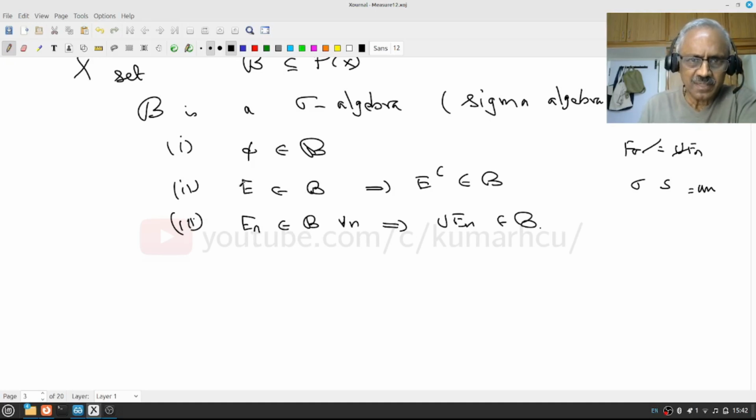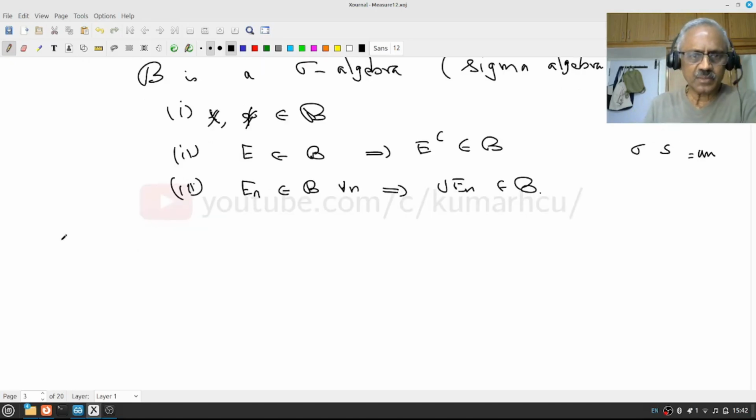Notice that 1 and 2 imply X must also be there, so if you want, I can put that condition in 1 and simply say X belongs to B. That's the standard thing. Whenever E belongs to B, its complement also belongs to B, and whenever E_n belongs to B for all n, then the union belongs to B.